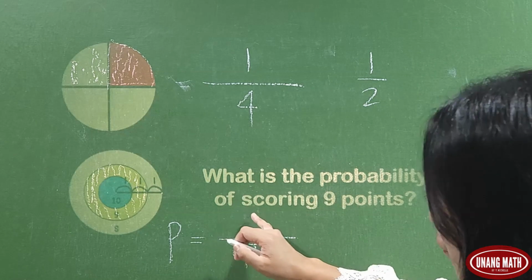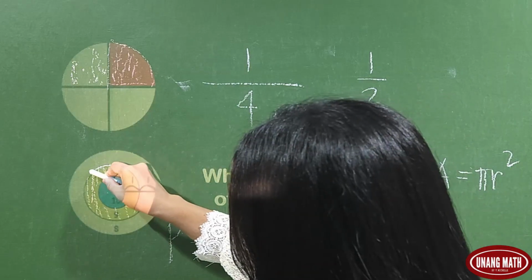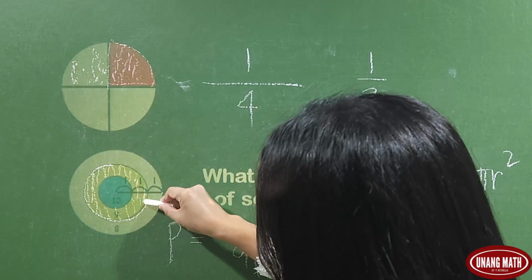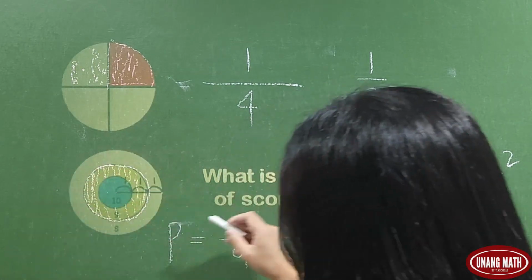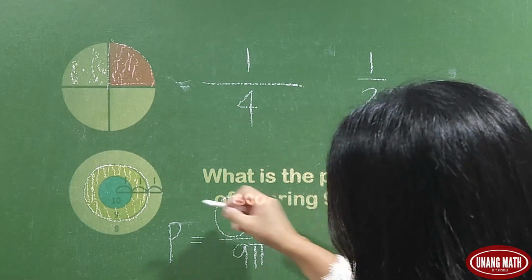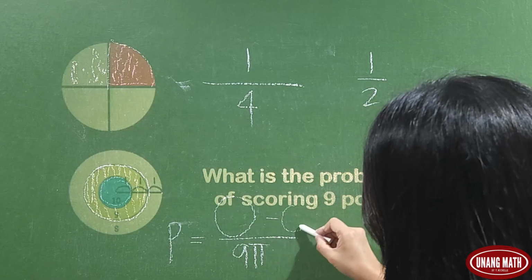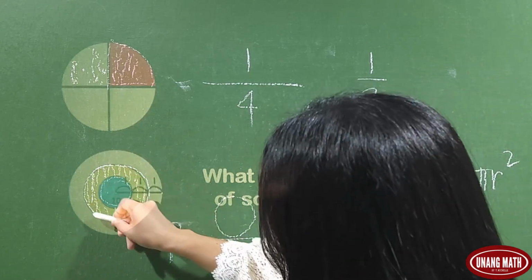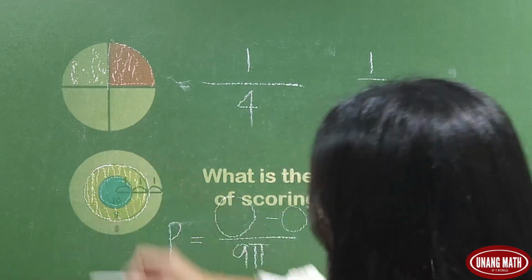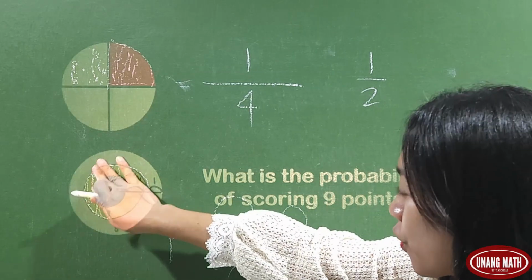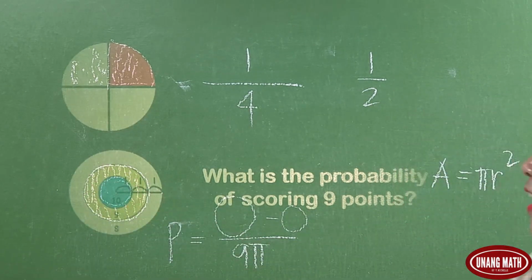Okay, what about the area of the favorable region? To find the area of the favorable region, we have to know the area of this bigger region, minus the area of this smaller region to find the area of this shaded part.